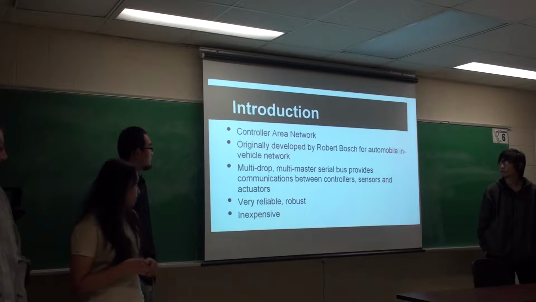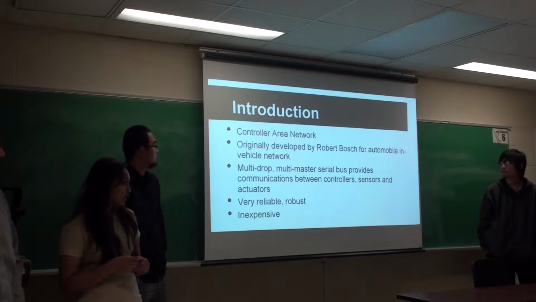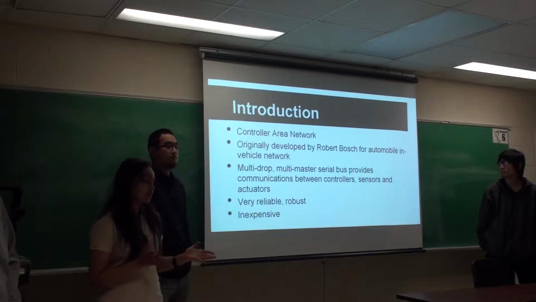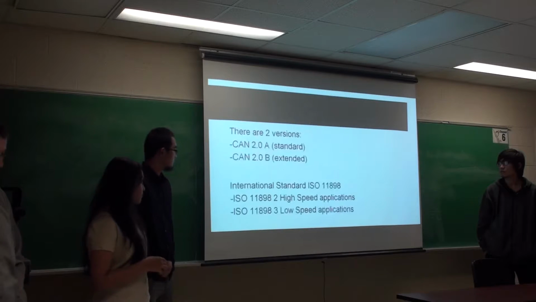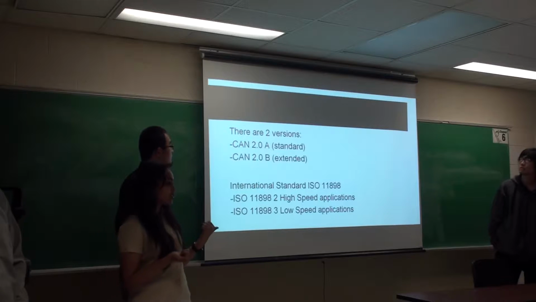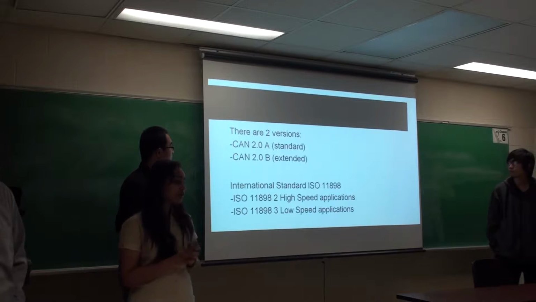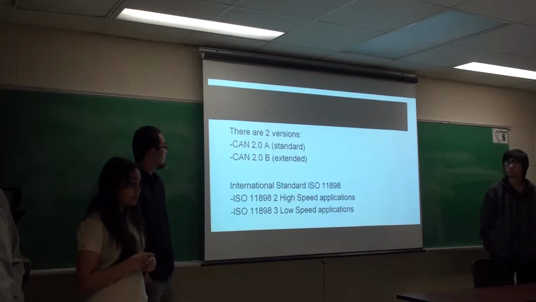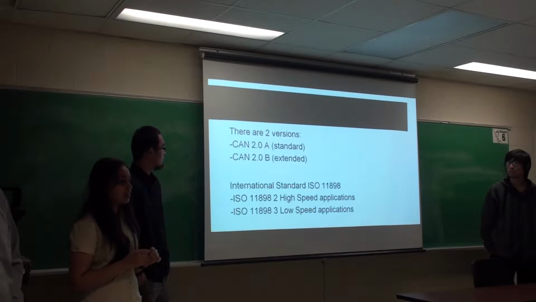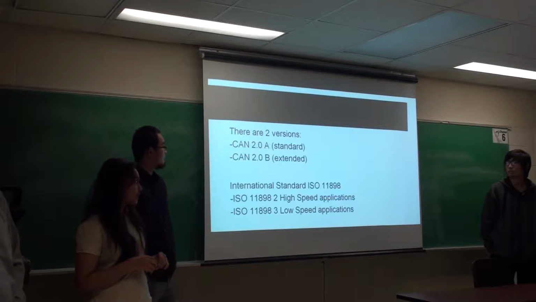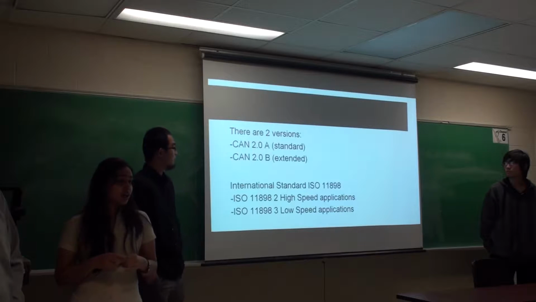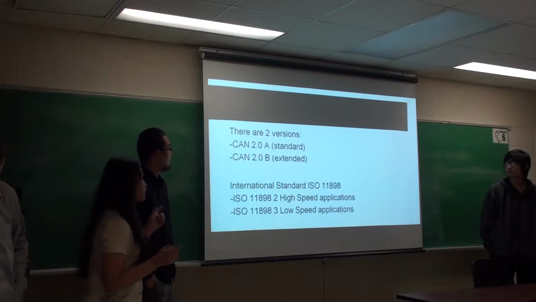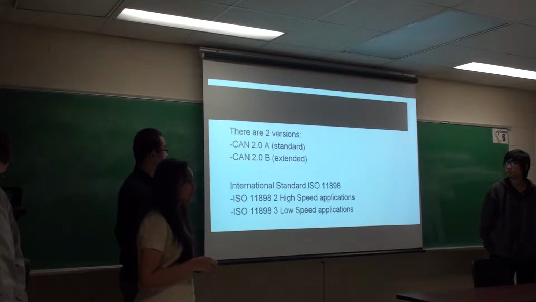It is also available on a lot of inexpensive microprocessors. There are two versions in use now, CAN 2.0A and CAN 2.0B. The difference between the two is that CAN 2.0B has an extended identifier, which uses 29 bits, as compared to CAN 2.0A, which uses 11 bits.